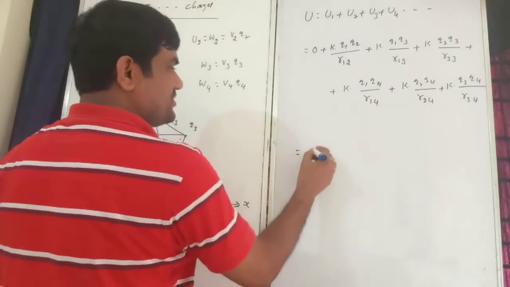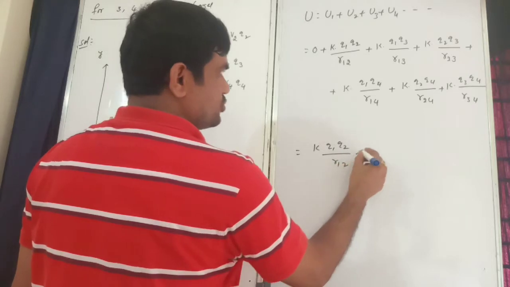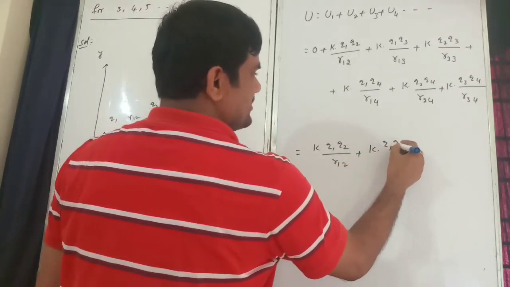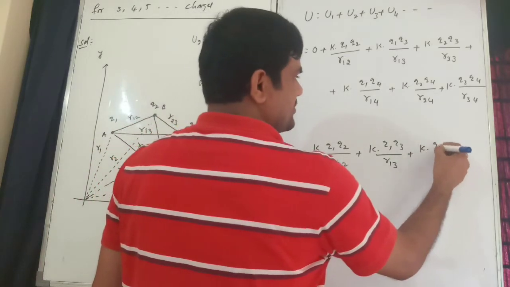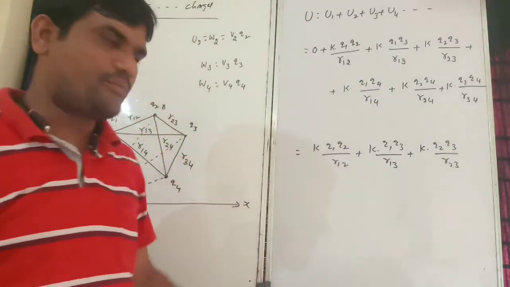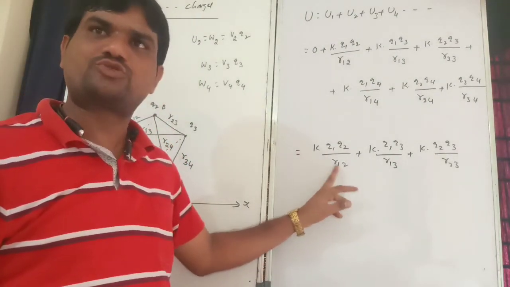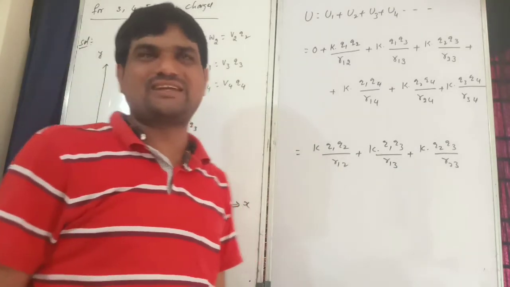So finally I will give you K Q1 Q2 by R12 plus K Q1 Q3 by R13 plus K Q2 Q3 divided by R23. No problem here. 1 2 also no problem, 2 1 also no problem. Why? Because this is a scalar quantity only. Correct? So nothing will happen.